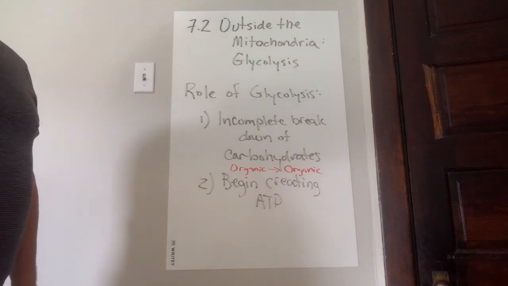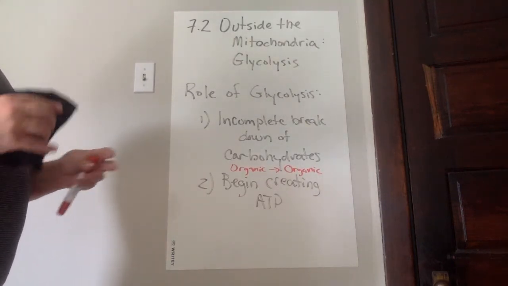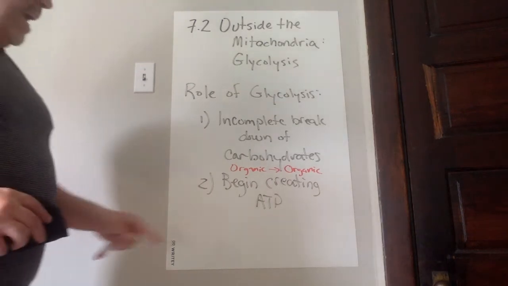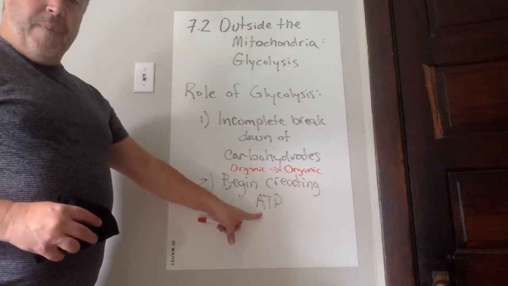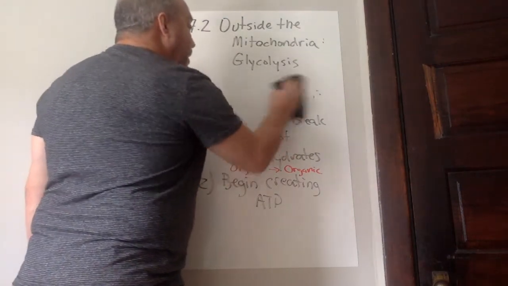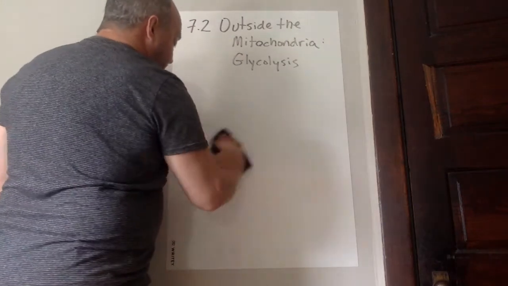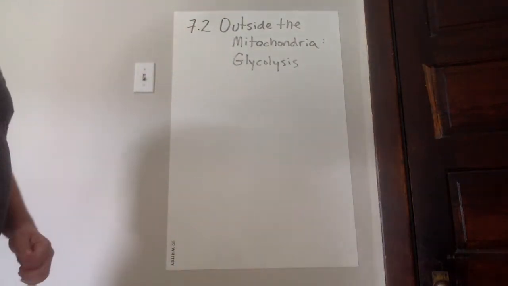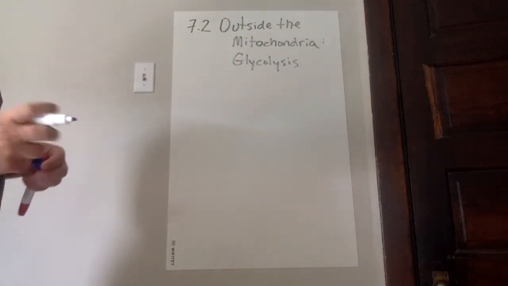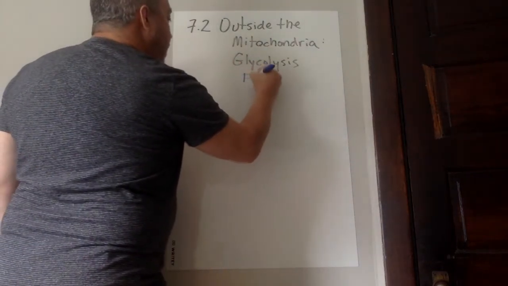If you remember in our coupled reaction, we are trying to take the energy that is in glucose and get it converted into ATP, a usable form. We will begin to create some of those ATP molecules in this first step. For the rest of this video, figure 7.4 is going to be very important.